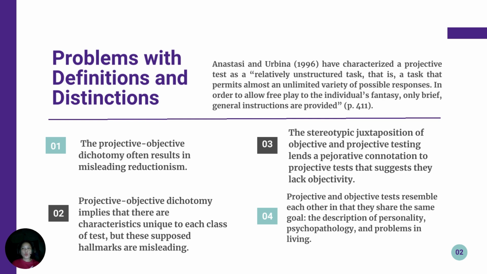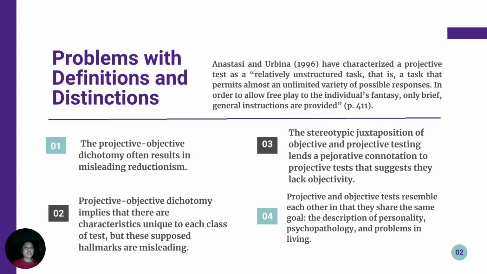For an example, one of the items of the MMPI is "Once in a while, I laugh at a dirty joke." It contains ambiguities. At the most basic level, it is unclear whether "once in a while" refers to once a day, once a week, or once a month.